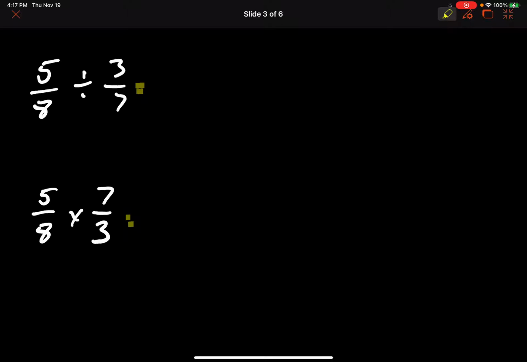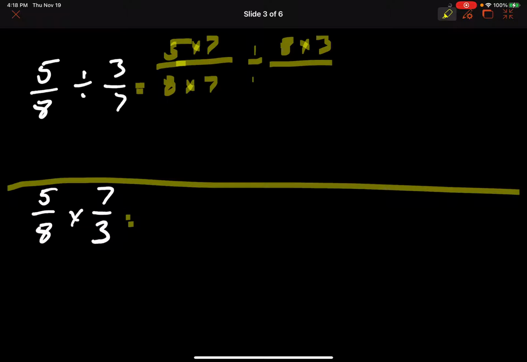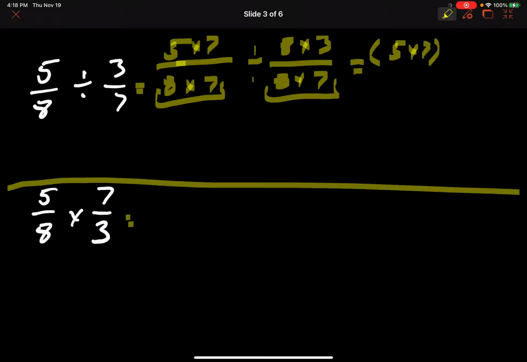Okay, so if I have 5/8, I'm going to multiply by the opposite denominator. So I have 5/8, I'm going to multiply by 7, I'm going to multiply by 7, and then I'm going to divide here, and I have multiplying by the opposite denominator. And now I have the same denominator, so I can just work with the numerators now.